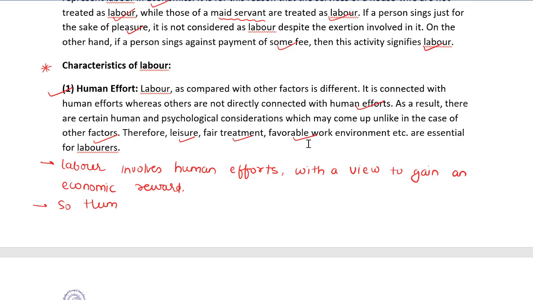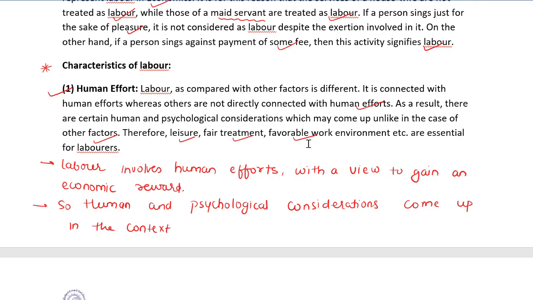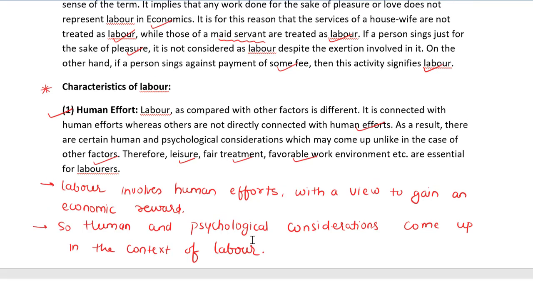So, human and psychological considerations come up in the context of labor. I believe you understood. Let us continue.